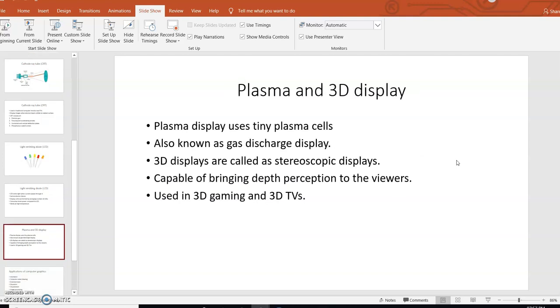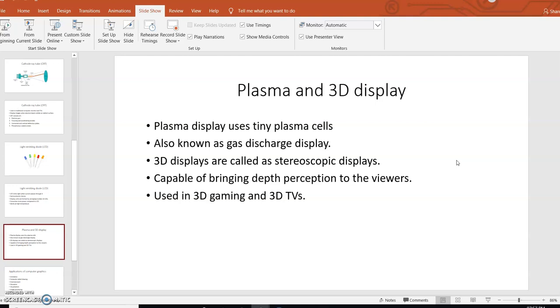Then, going forward, plasma and 3D display. Nowadays we have plasma and 3D display television sets. Many of you have 3D TVs in your home, where you can watch the picture in three-dimensional format.